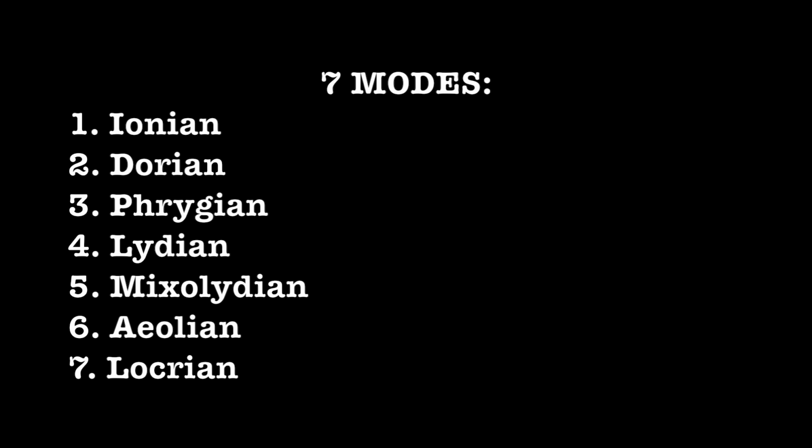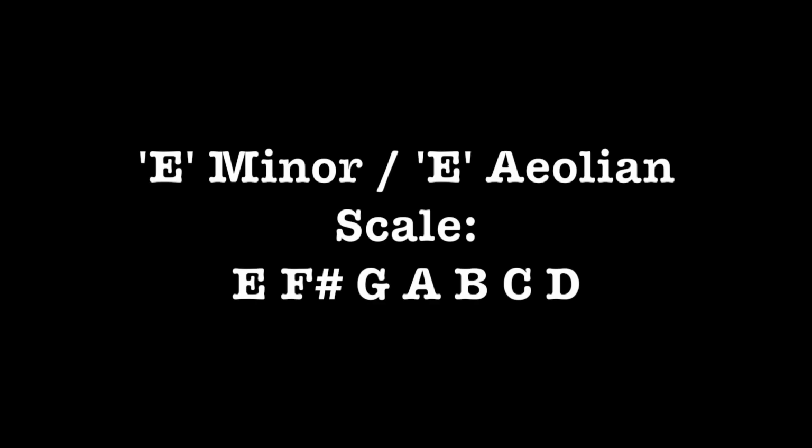Now what I want to do is put all of the notes of the E minor scale, or the Aeolian scale, in order, and then underneath those put the modal numbers, which are relative to the note in the scale and the mode that it creates. It does sound a little bit complicated, but let's have a look at these little diagrams.